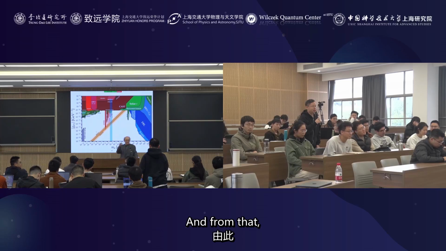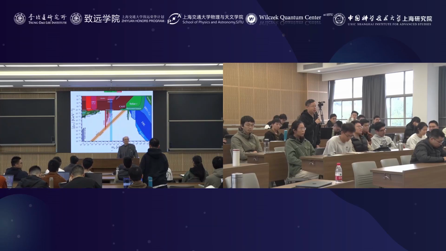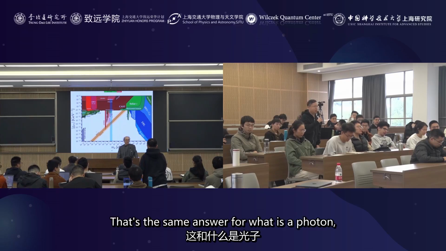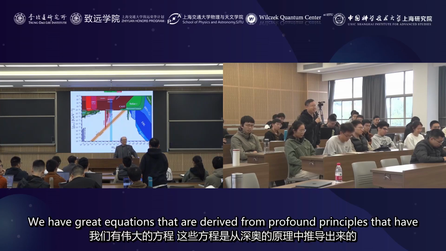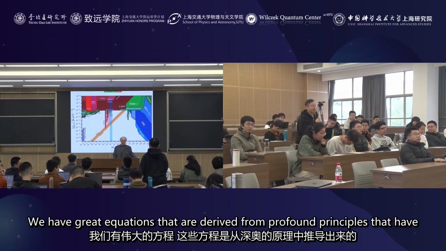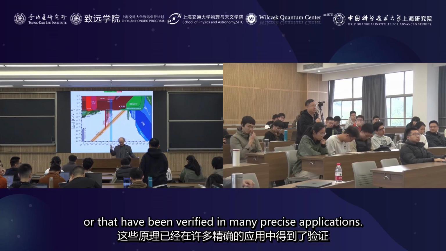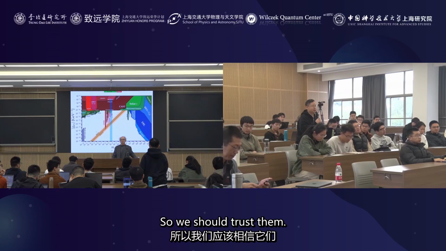And from that, you get all the observed properties of electrons. And then it's the same answer for what is a photon, what is an axion, what is left, what is right. We have great equations that are derived from profound principles that have been verified in many, many precise applications. And so we should trust them.